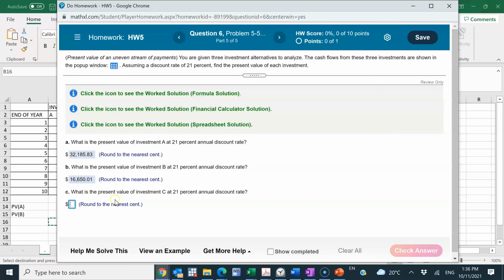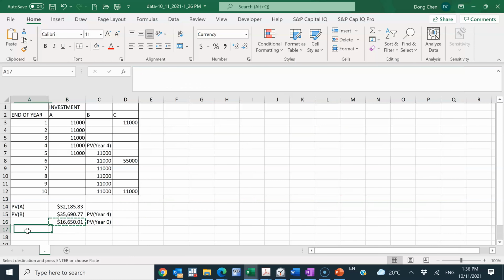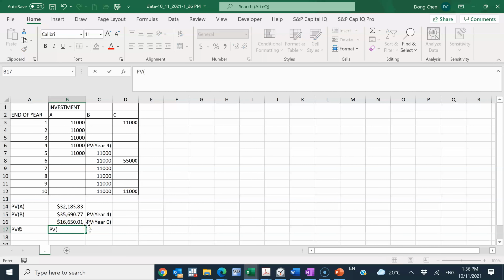And finally, what is the present value of investment C? So PV of C. I don't think there's any shortcut for C because you can see that every year's cash flows are different. So we can probably only use the present value of an uneven stream of cash flows to figure out the answer. So we can calculate the present value of this $11,000 at year 1, right?